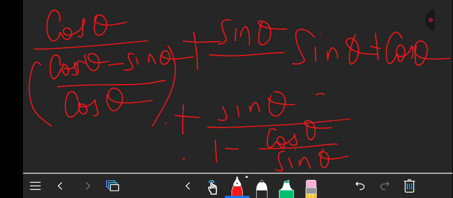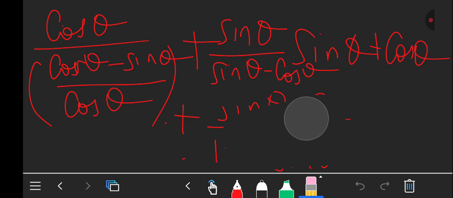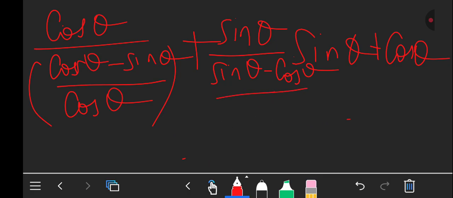So it will be 1 times sine theta, that is sine theta minus cos theta. Then you maintain the same denominator. What was the denominator again? It was sine theta.